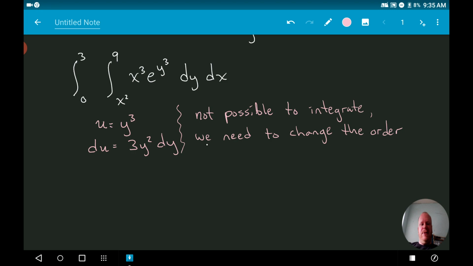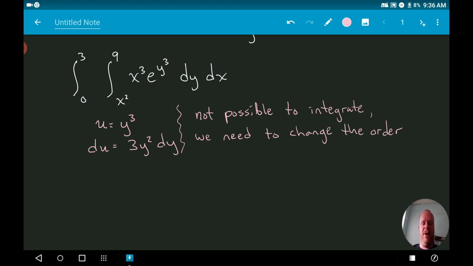So since it's not possible to integrate this and we're trying to switch the order, the first thing I want to point out is that we can't do what we did with rectangular regions where we just take the 9 and the x squared and move it over here and the 0 and the 3 and move it over here. First reason is it's not a rectangular region. We can't do that, right?